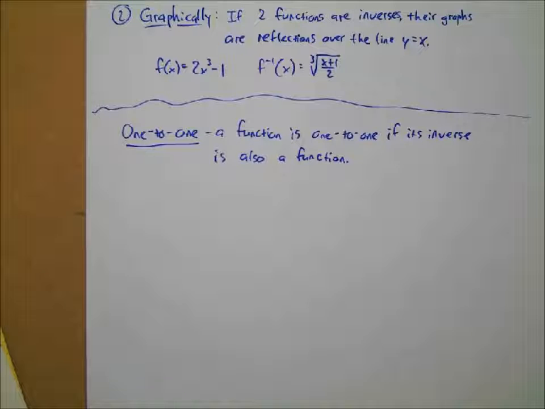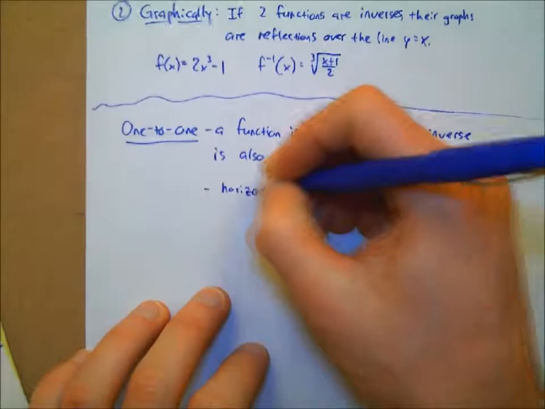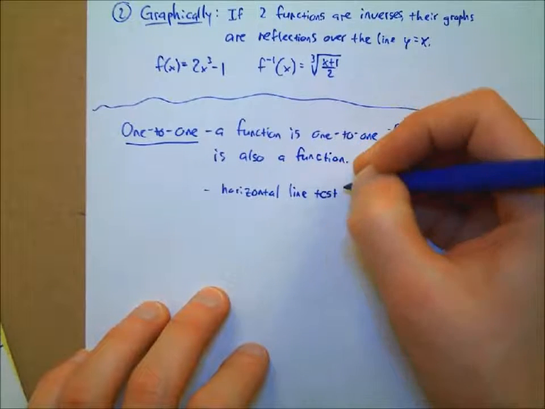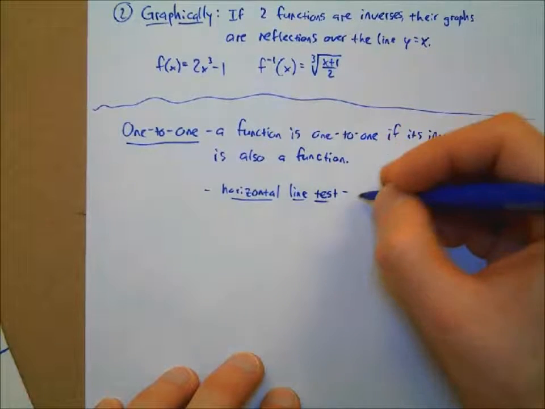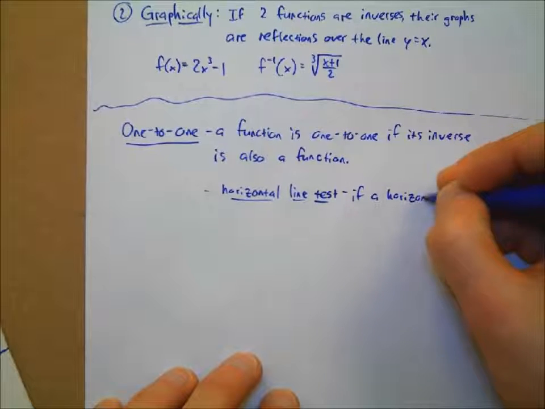Because what is a vertical line? When you reflect it over the line y equals x, it becomes horizontal. And so to determine if a function, when you reflect it over that line y equals x, is going to remain a function, you use the horizontal line test. Again, I don't have a very pretty way of writing this, but we'll just say it anyway.